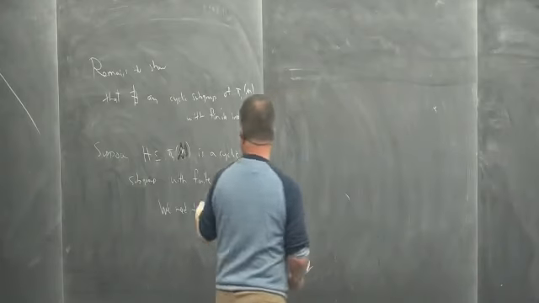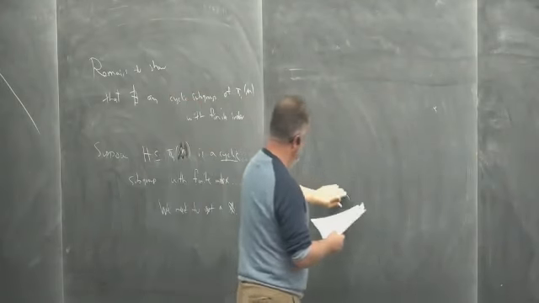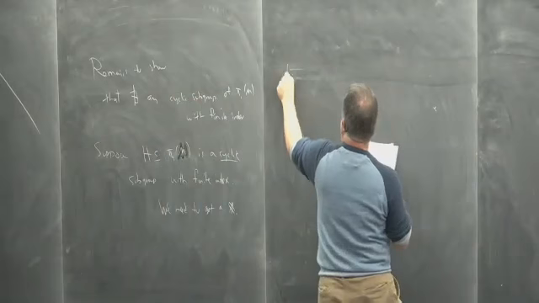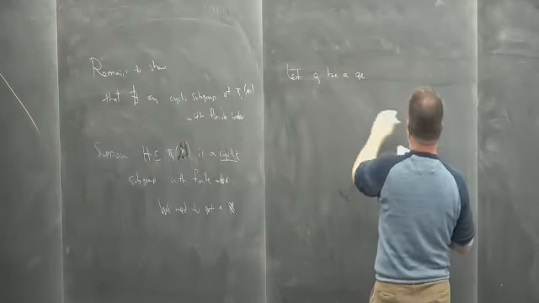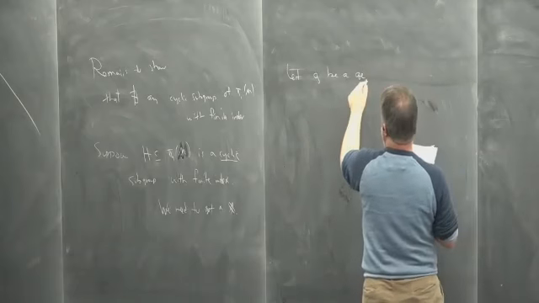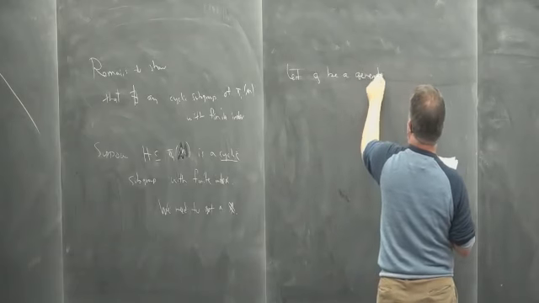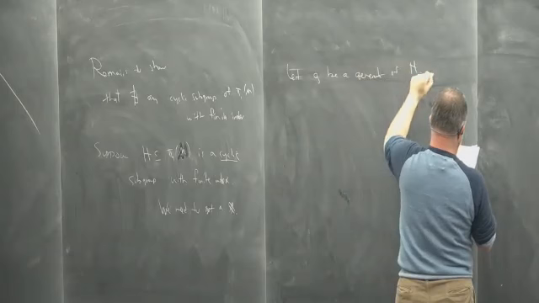Okay, so the hypothesis is that this is cyclic, so it is generated by a single element. Let G be a generator. So we're not even assuming H is infinite, right? And let G be a generator of H.